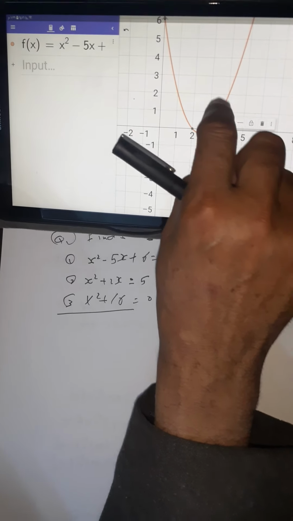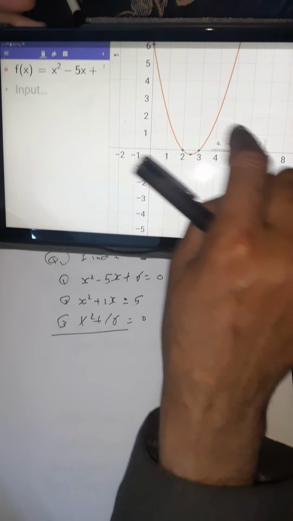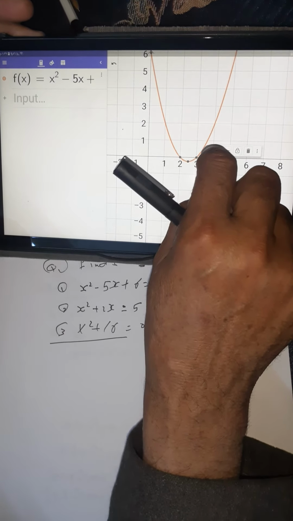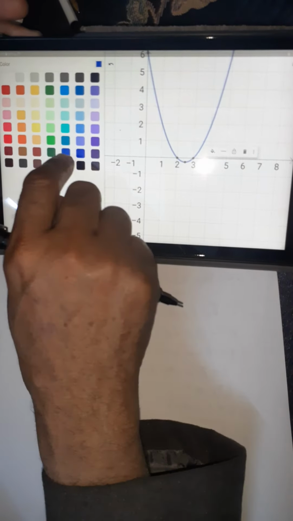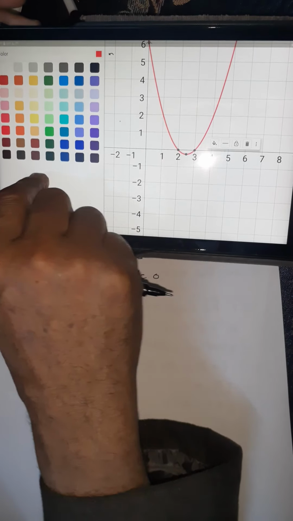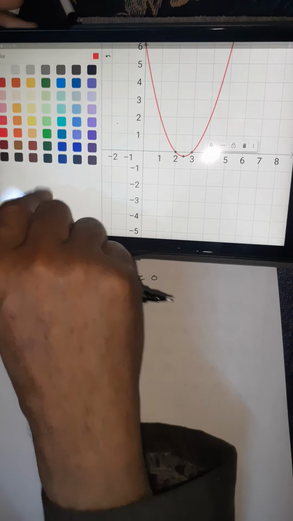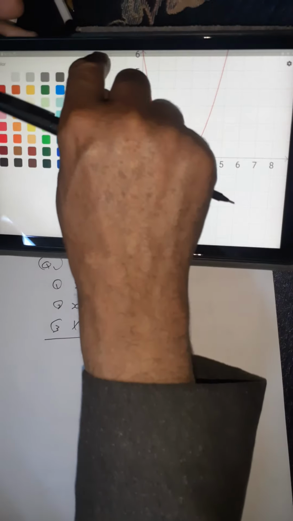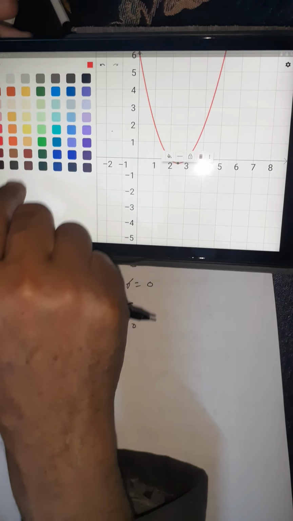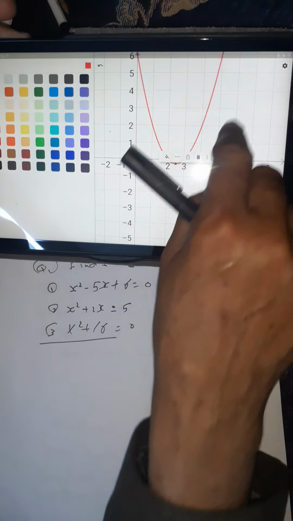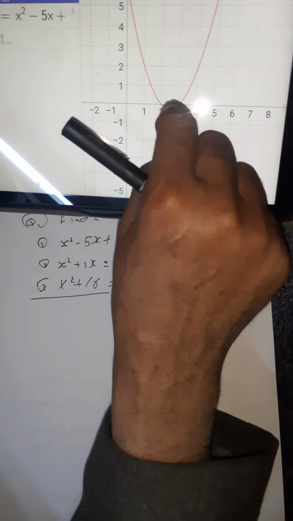We can change the color by pressing the curve and pressing the color. The color is blue, red, black, and so on. If we need the coordinates of this point, we can press on this place.